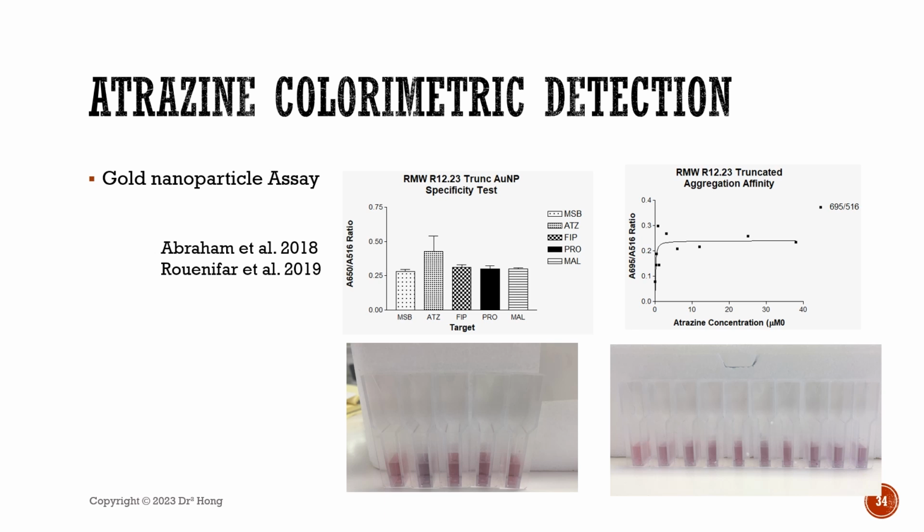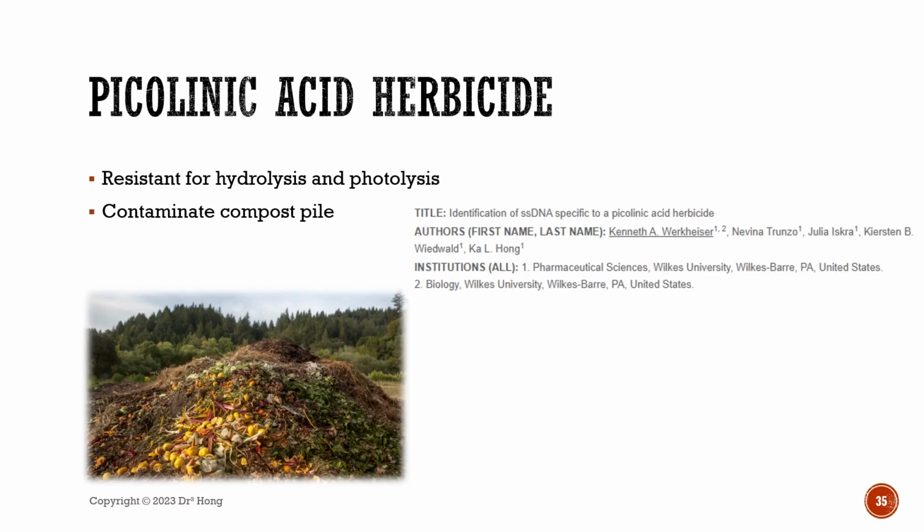Basically, the purple color shows the detection, and also shows a gradient change of detection from more pink to pretty dark purple. And finally, I'm also working on something else, another herbicide currently, in the category of picolinic acid herbicides.